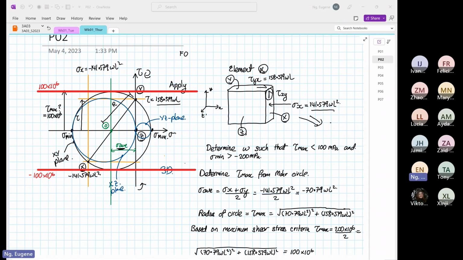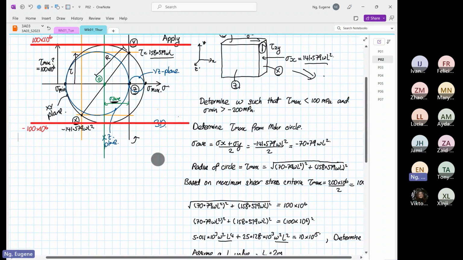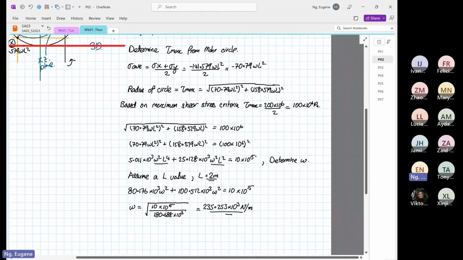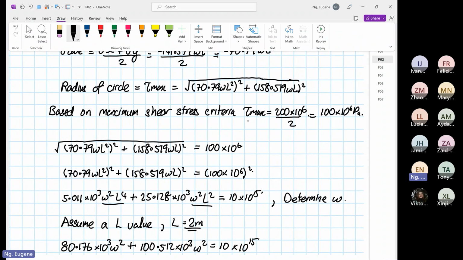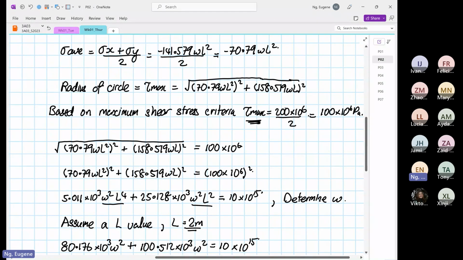I see a question from someone. Lee: Sir, can you explain why maximum shear stress is equal to 100 times 10 to the power of 6? Because over here we are applying the maximum shear stress criteria, which is the yield stress divided by 2.